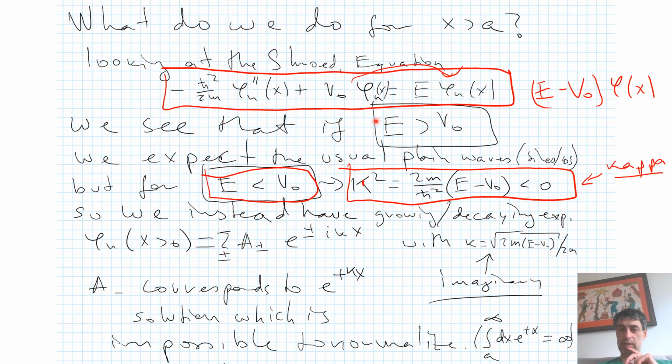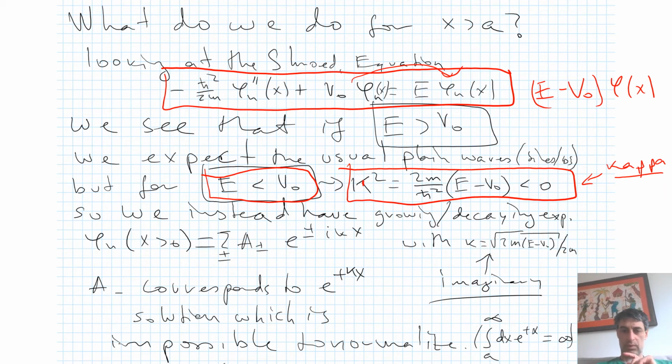If E is less than V naught, then you can just put an exponential here and see what the equation for the thing in the exponent is. You can see that this is going to be called kappa, because when it's negative, it'll be a non-oscillatory exponent, but rather a decaying exponent. And so you can see there are two types of solutions.